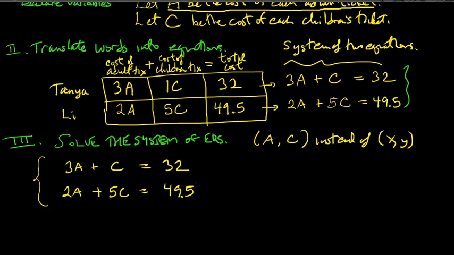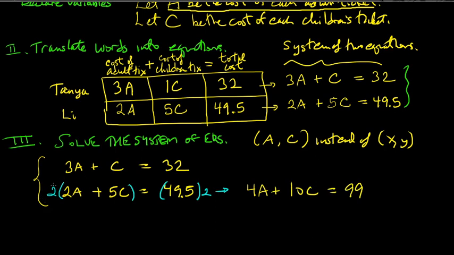And one thing you can do, just like with fractions, you can get rid of the decimals if you want by just multiplying both sides by whatever it takes to get rid of the decimal. In this case, we can multiply both sides by 2. Right. And then that becomes 4 times A plus 10 times C is equal to, well, 49.5 times 2 is 99.